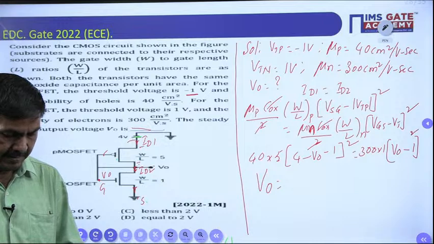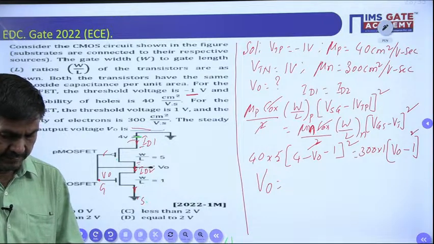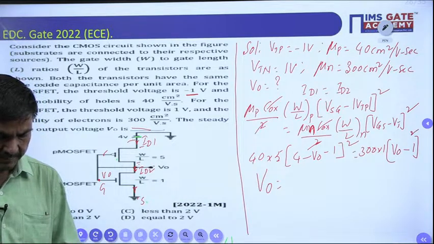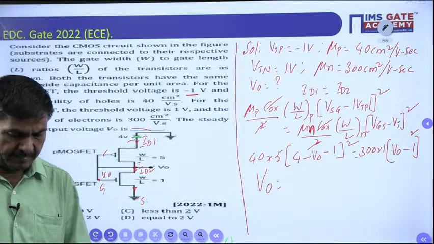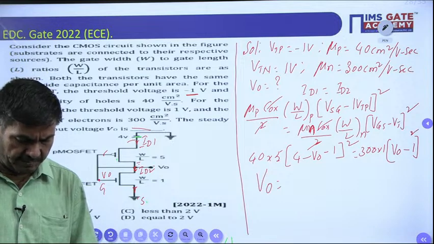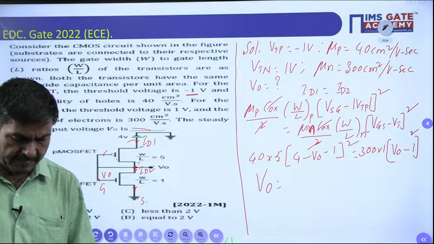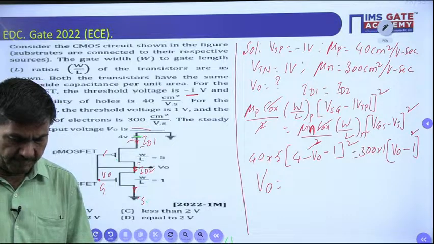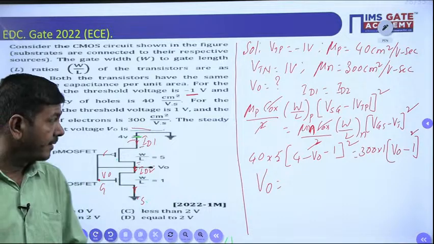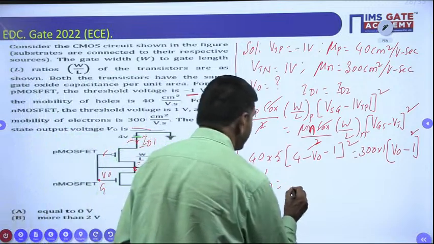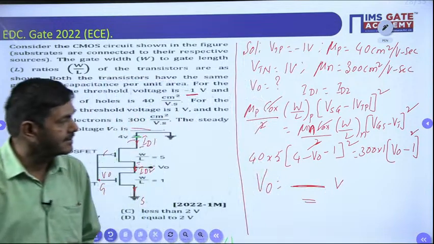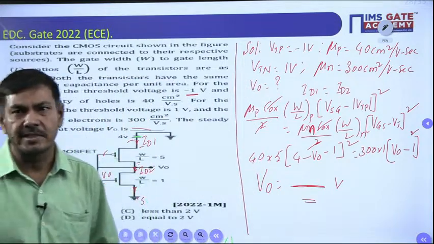Anybody getting a value? I am asking a question. Try to simplify this and find out the voltage V naught. Some voltage you can get. Just simplify and find the V naught value. Just expansion only, nothing more. That work you can do easily.